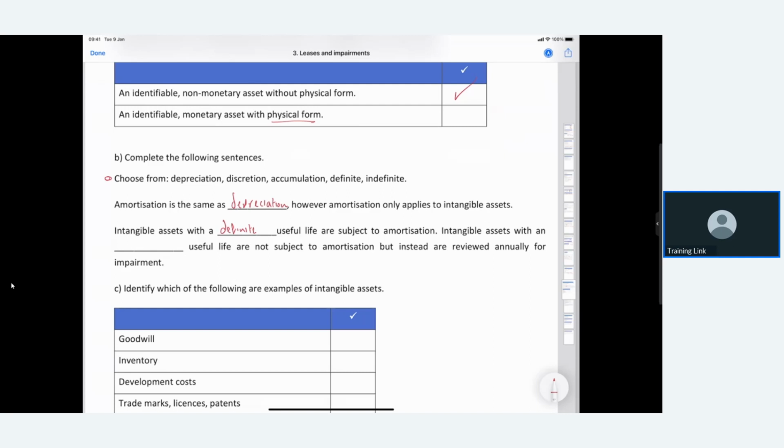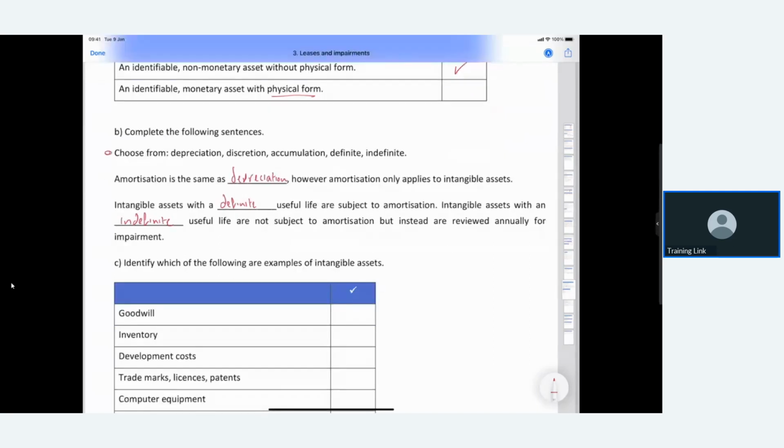So often trademark, patents, stuff like that, they have a number of years that are attached to them before they expire. Intangible assets with something useful life are not subject to amortization. So that would be indefinite. But instead are reviewed annually for impairment.